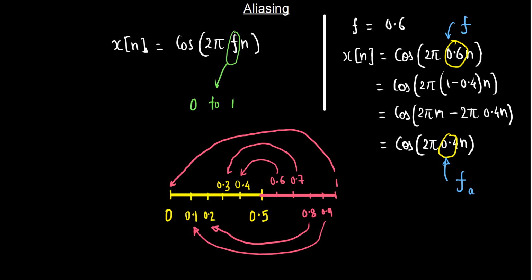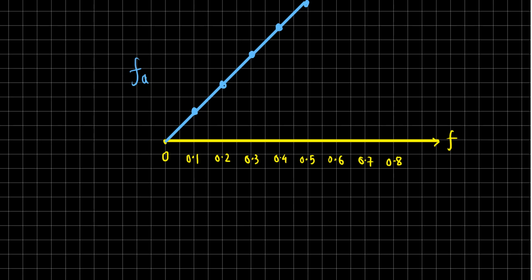So 0.5 plus something is getting mapped to 0.5 minus something. So 0.6 is getting mapped to 0.4, 0.7 is getting mapped to 0.3 and so on. In fact, in negation.